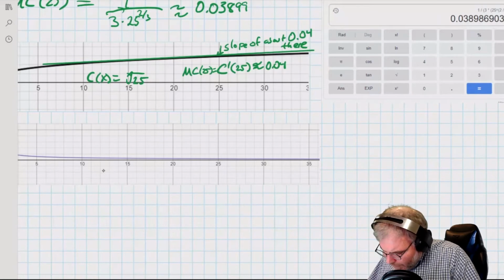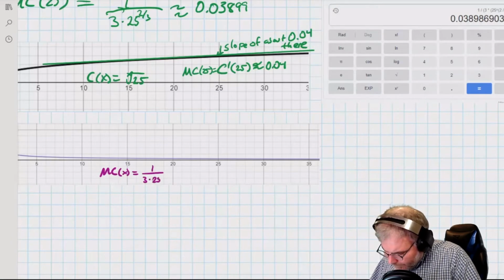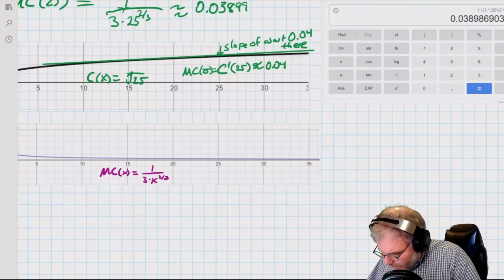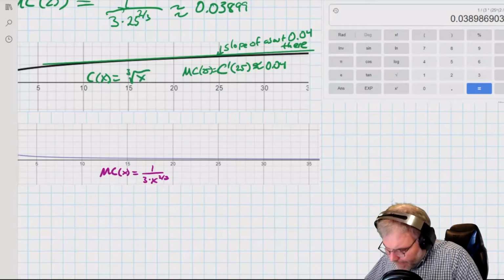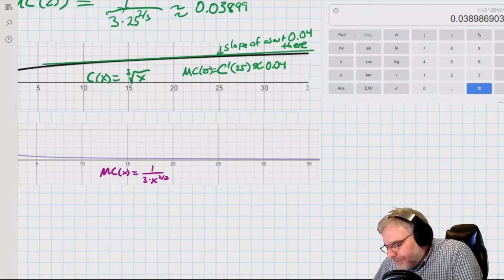So this is the marginal cost. And the marginal cost here, this is wrong. There we go. All right.